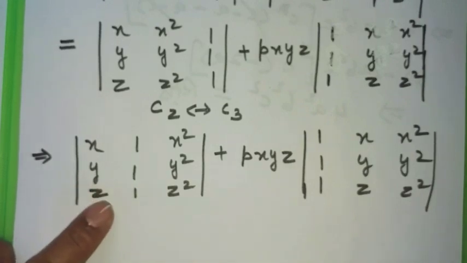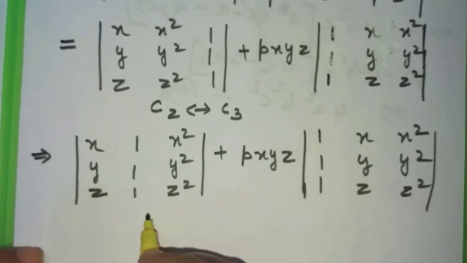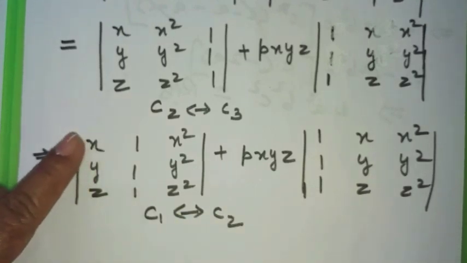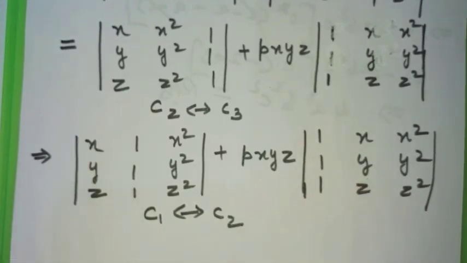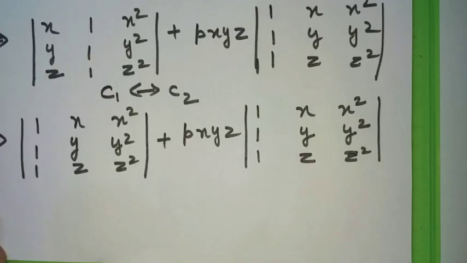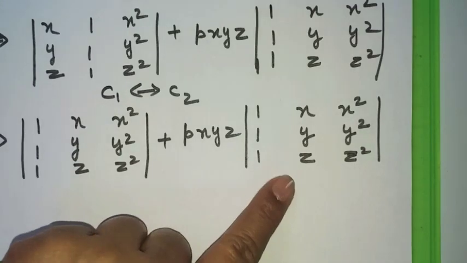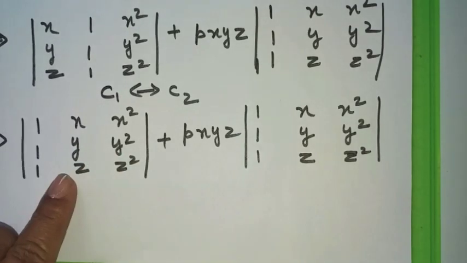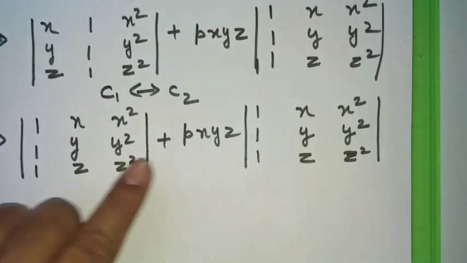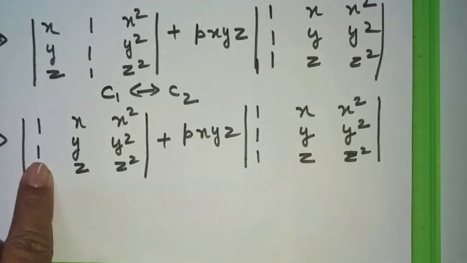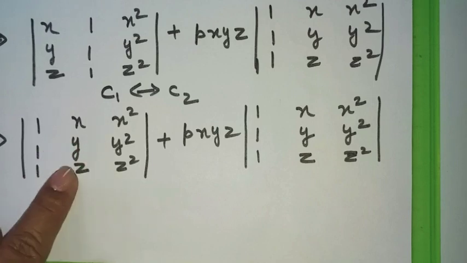Now I will make one more change, that I will interchange column 1 and column 2 of the first determinant and the second determinant I will just copy. Now I can see that after making this change, this determinant and this determinant have become the same. So from this whole expression, I can see that I can take this determinant common.